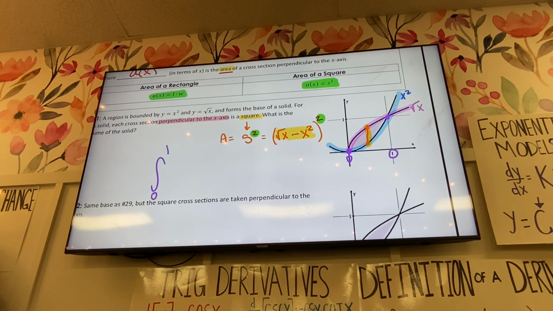So 0 to 1 because that's how far my shape goes. Then we take my area equation and put it in the integral: the integral of square root of x minus x squared, dx. Type that in your calculator and it gives you 0.1285.